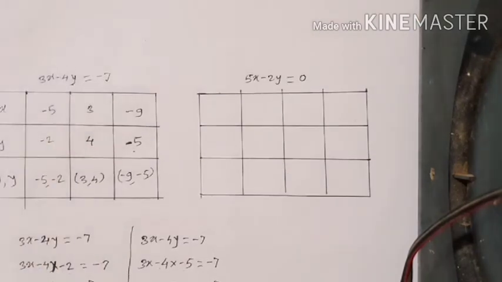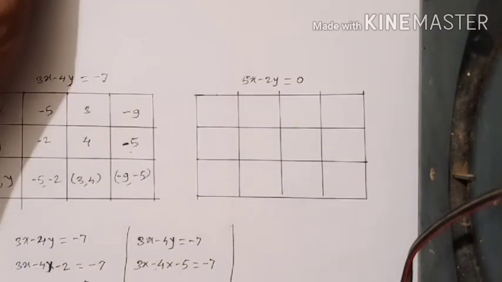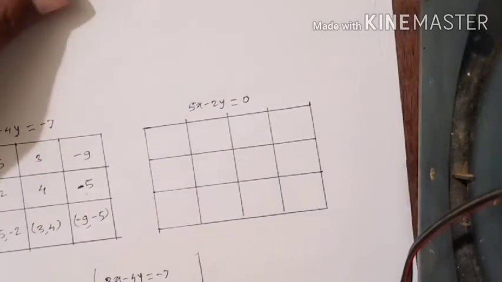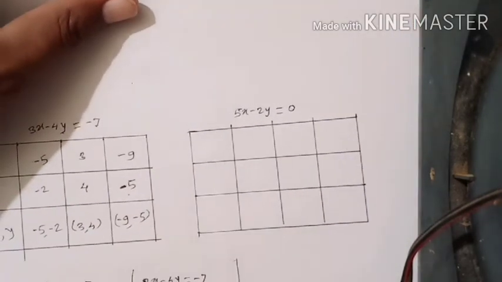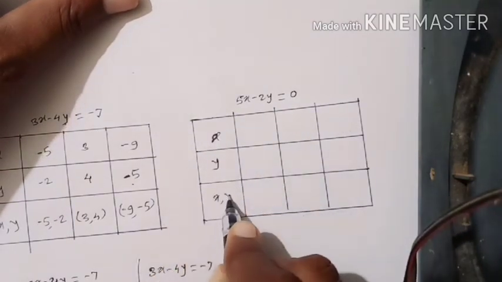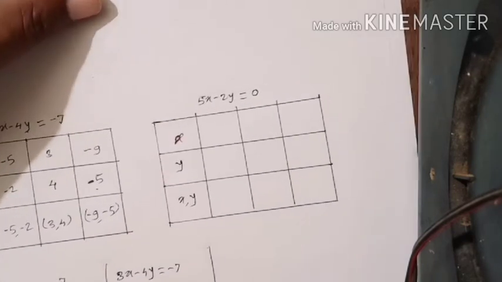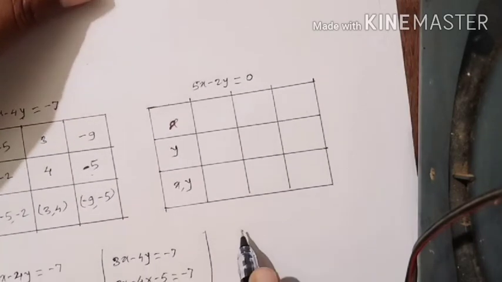It is the first box, and we will go to the second box. Now see here. For the second box, I will write here x, y and x comma y. Now the second equation is here.